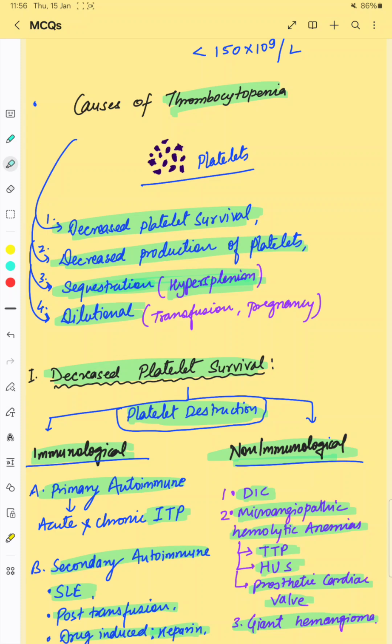There is also increased plasma volume in pregnancy, particularly the third trimester, which may also result in dilutional thrombocytopenia.